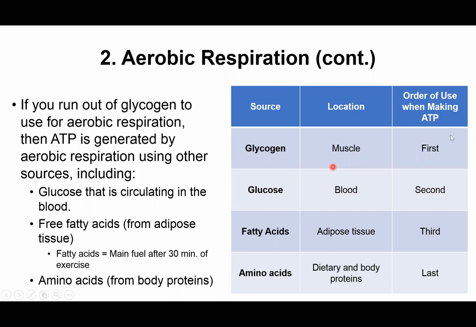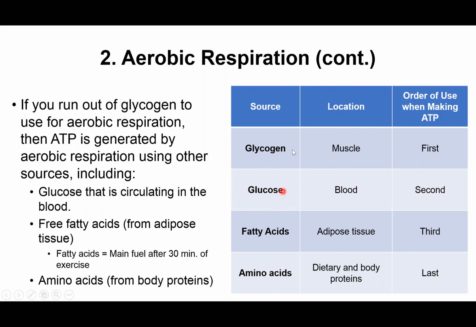If we run out of glycogen, then we will use glucose that's circulating in the blood. So if you've ever measured your blood sugar, you know that there is a certain amount of sugar circulating in your blood, and that sugar happens to be glucose. You're measuring your blood glucose levels.